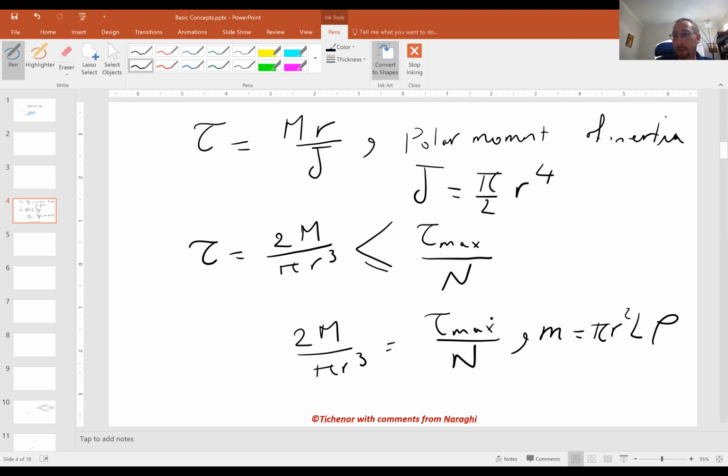This is just the product of the volume, which is these three terms, times mass density. Does everyone agree with me so far? Okay, so from here, I can calculate R in terms of the mass, and I can say R is equal to the square root of m over pi L rho.